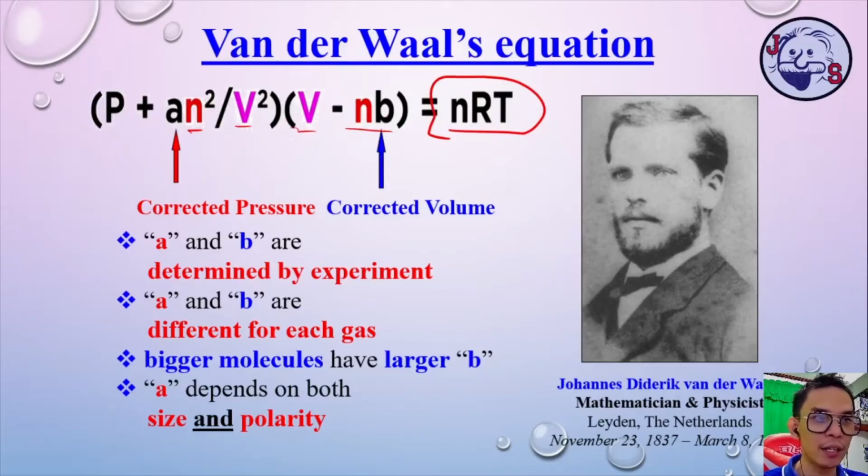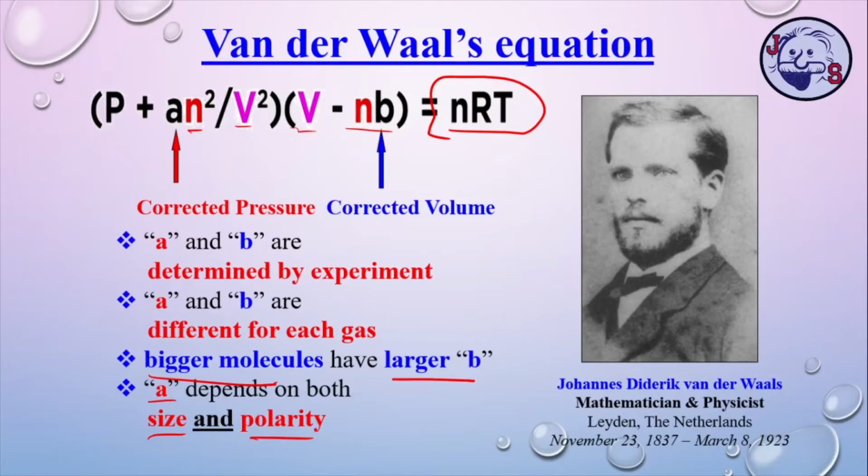Now what determines the answer here? The bigger molecules have larger b, and a depends on the size and the polarity of the molecules. This equation was formulated by none other than Johannes Diederik van der Waals, a mathematician and physicist from the Netherlands.